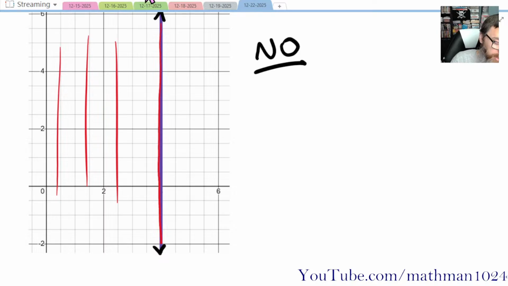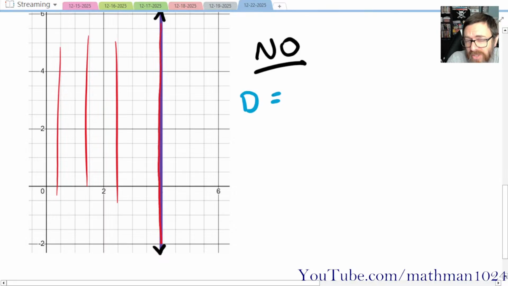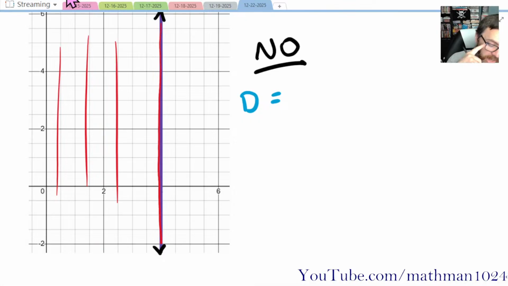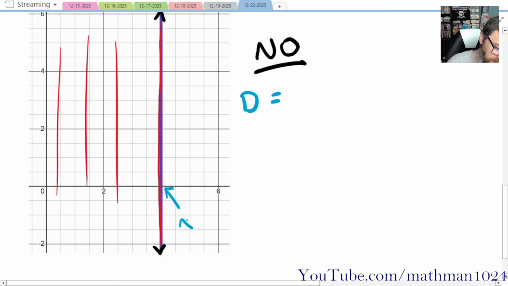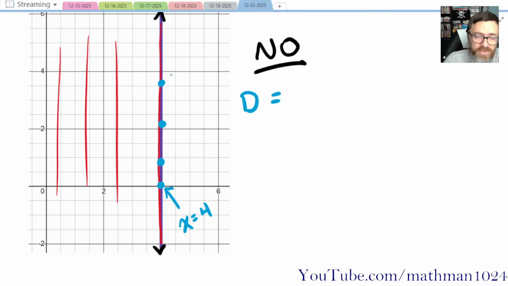But what about the domain? What can we say about that? Now remember, the domain is the set of x values that are being used in this graph, right? So we see that this is the graph for the equation x equals 4. And if you look at this, every place that's on here is just x equals 4. So that is the only x value that is being used by this relation.